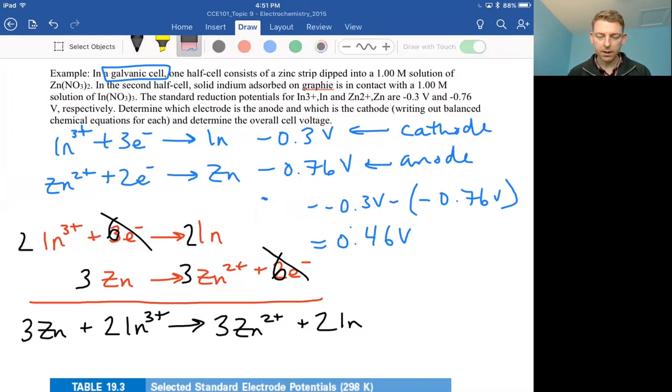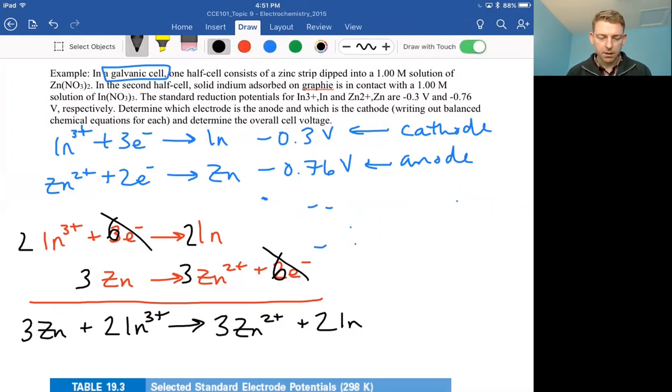And if we were going to track the cell voltages along the way and sum them up as well, for that top line, we know that the standard cell potential is negative 0.3 volts. The bottom line is turned around, so it's now 0.76 volts positive.